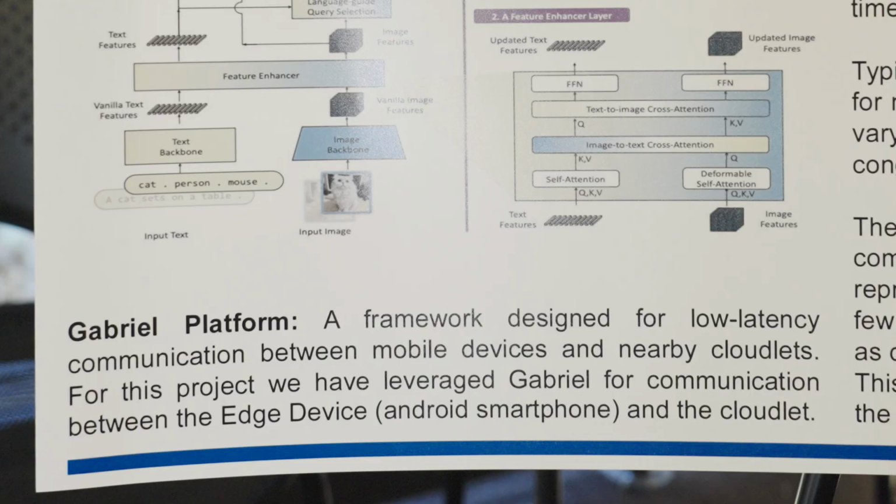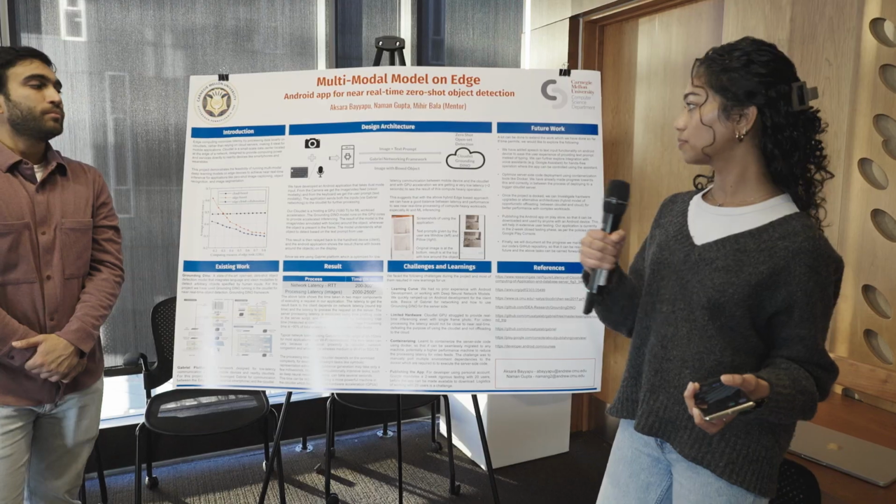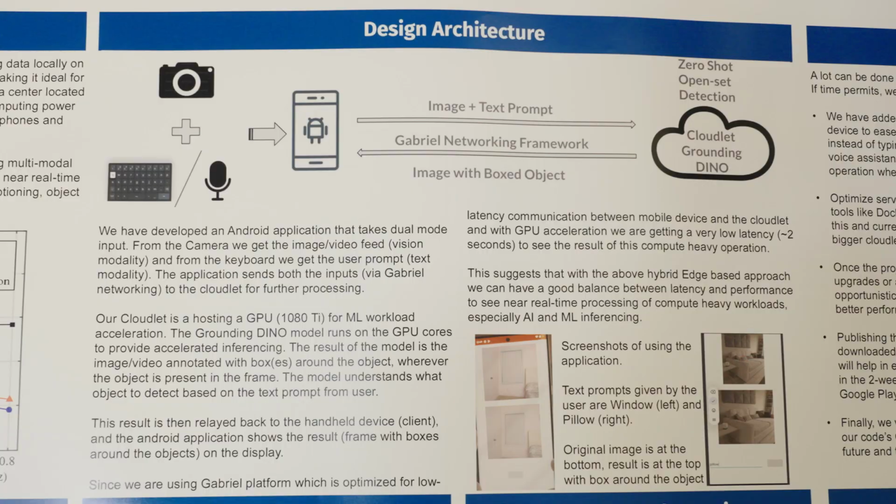This is just a framework that we used for low latency networking purposes to connect the application, in this case the Android app, to the cloudlet that we were using. And then going into the design architecture, the Android app that we've created is a multimodal application. So you can either give it an image or a video input, and for the object to detect, you can provide that through speech, and it will perform speech to text, or you can just give it text explicitly.